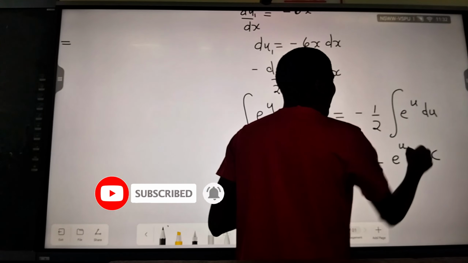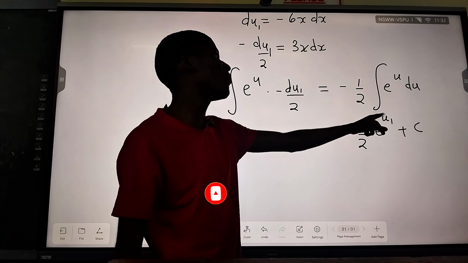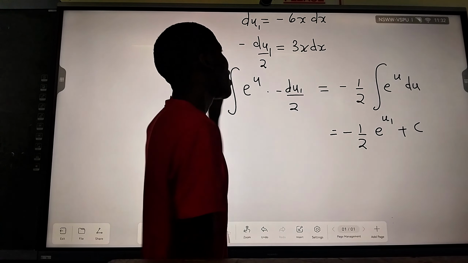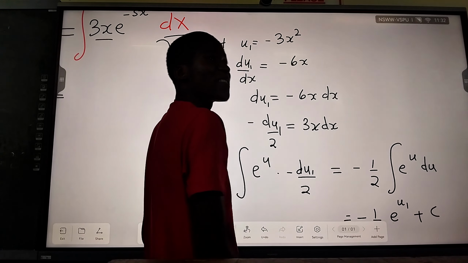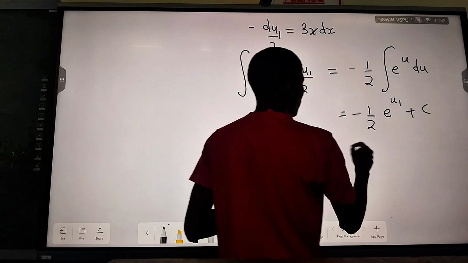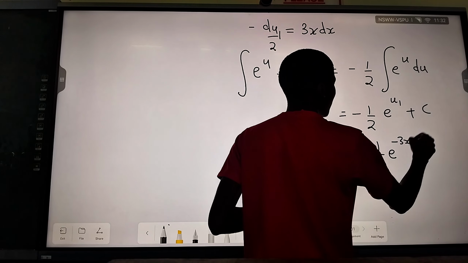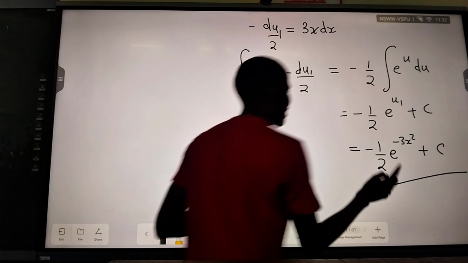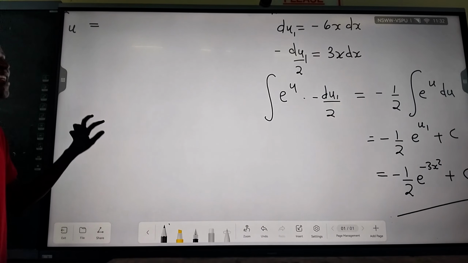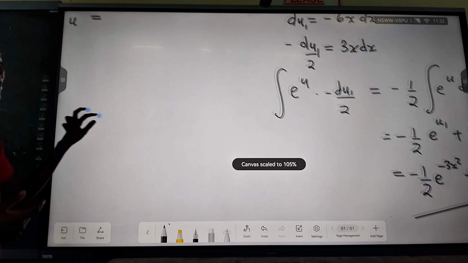U1 lona. And lana, since it's an indefinite integral, u1 kumele simbuyisela. What is the value yakhe? Negative 3x squared. So this is going to be negative half e to the power of negative 3x squared plus c. Now, that's the value of the integral. Just substitute it lapha eceleni.